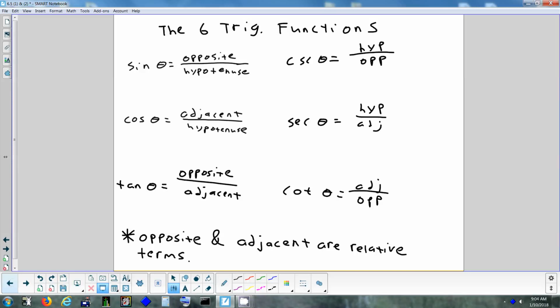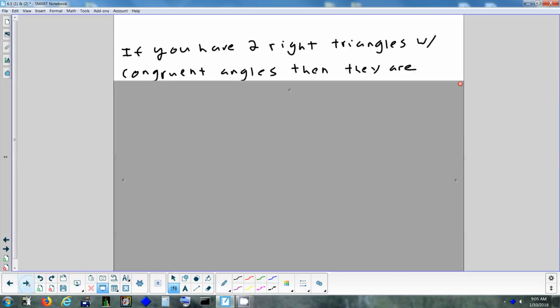Cosine means the length of the adjacent divided by the length of the hypotenuse. Well, if I said to you, I want to find the sine of 60 degrees, somebody might draw a really, really small 60-degree triangle. Somebody might draw a big one. So the question is, are we going to get different answers for the sine of 60 if somebody draws a small triangle versus a bigger triangle? So let's look at that.